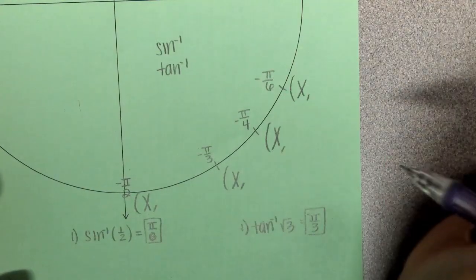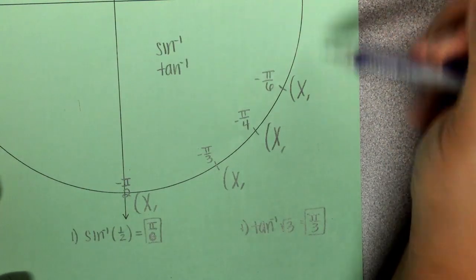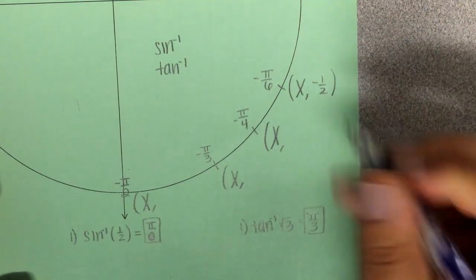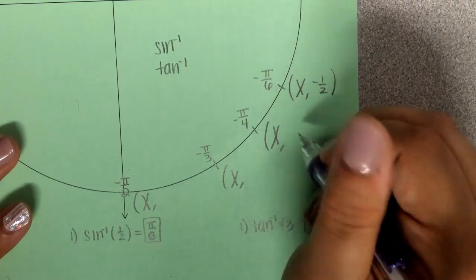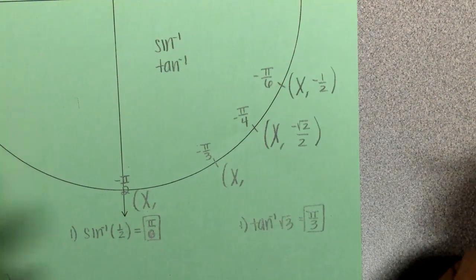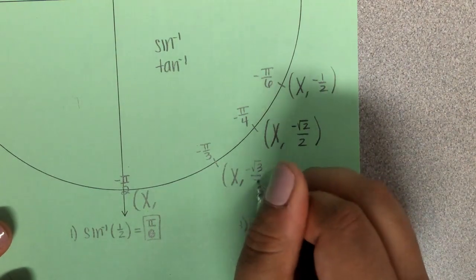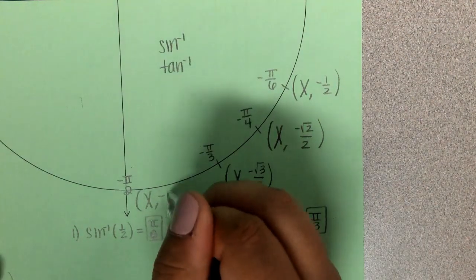What is the sine of negative pi over 6? And it reflects from above if you need help. Negative 1/2. What's the sine of negative pi over 4? And the sine of negative pi over 3? And the sine of negative pi over 2?